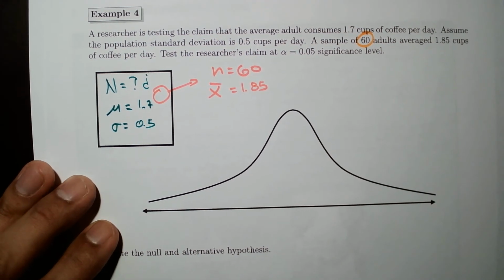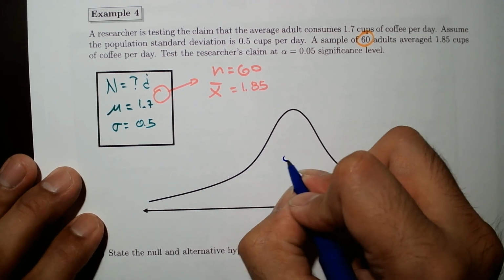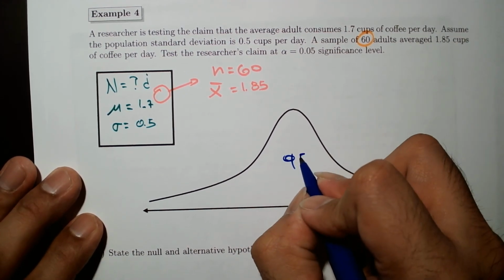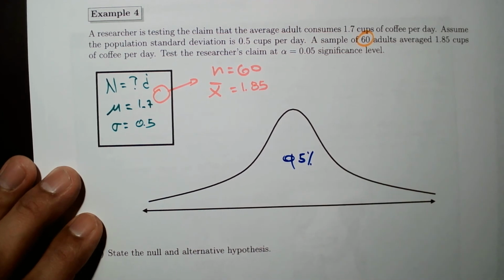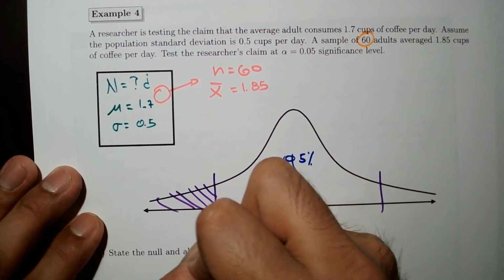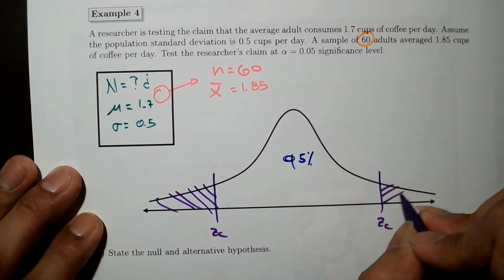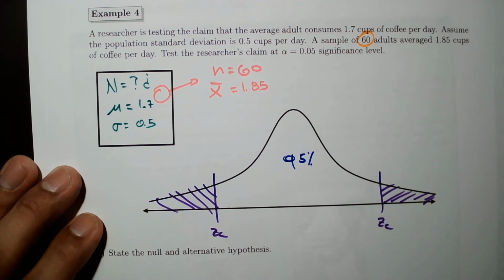Okay, 1.85. So same thing here, 95%, two-tailed, z-criticals, they are the same.